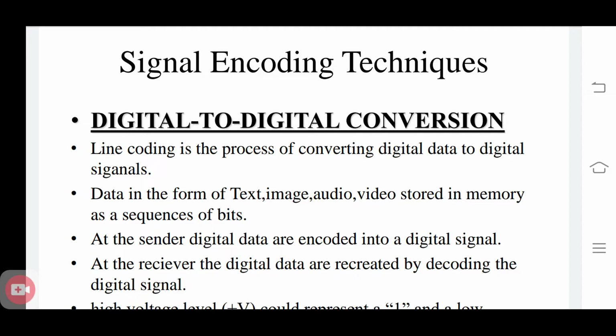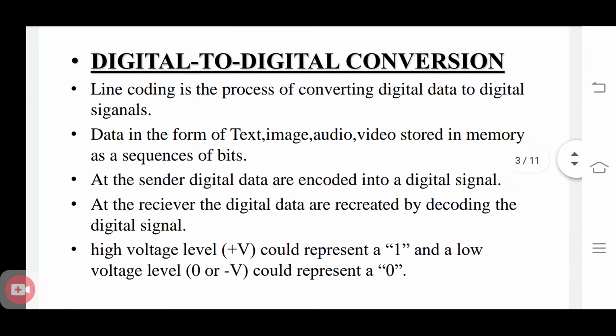So digital to digital conversion means we have digital information or data and it will be converted into a digital signal. In the transmission medium, what is actually transmitted is the digital signal. At the sender side, there is a conversion from digital data to digital signal. At the receiver side, we have a conversion from the digital signal to digital data.